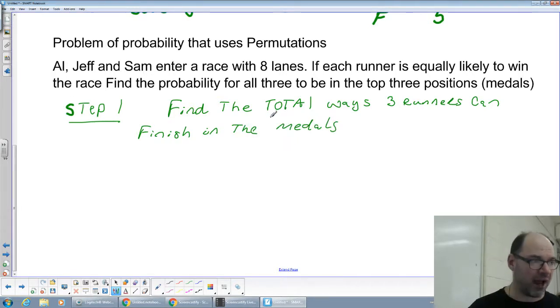Okay, with order mattering because it's a race, gold, silver, and bronze matter. So how many ways can 8 runners finish in the top 3 is the question we ask ourselves.